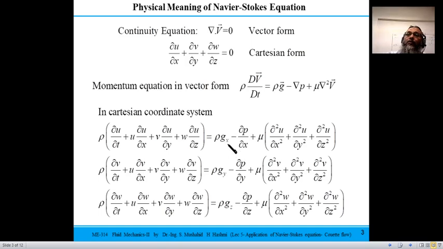All other types of body forces which act from a distance have been ignored. So the only body force included is the gravitational force.